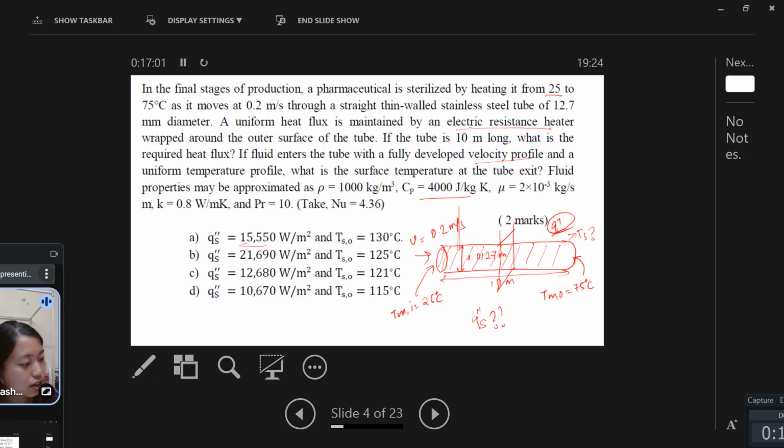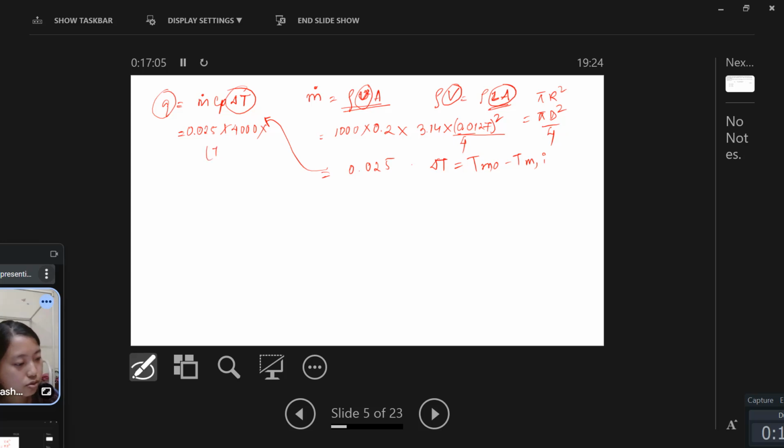The outlet was 75 and the inlet is 25, so 75 minus 25 is 50. How much do you get? 5000. So 5000 watt. This is the rate.